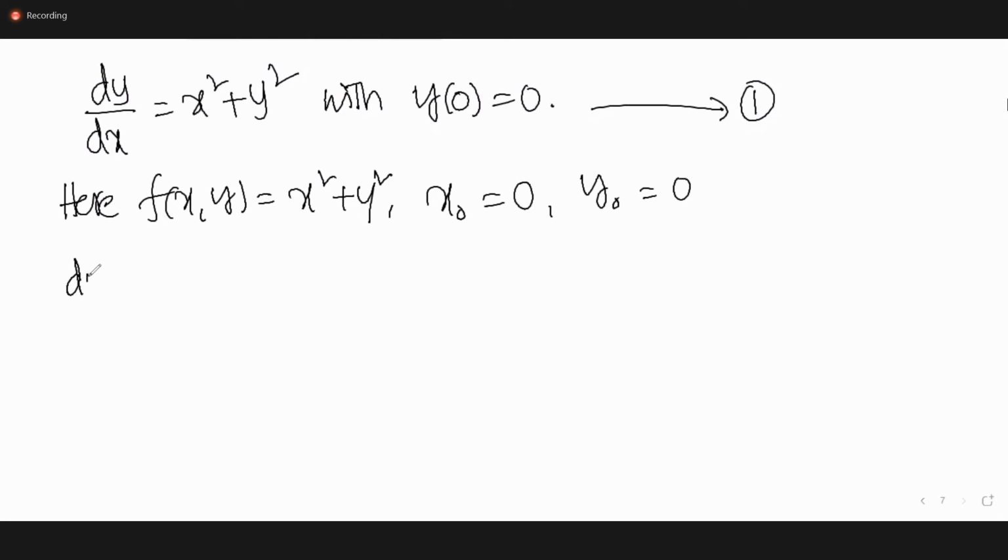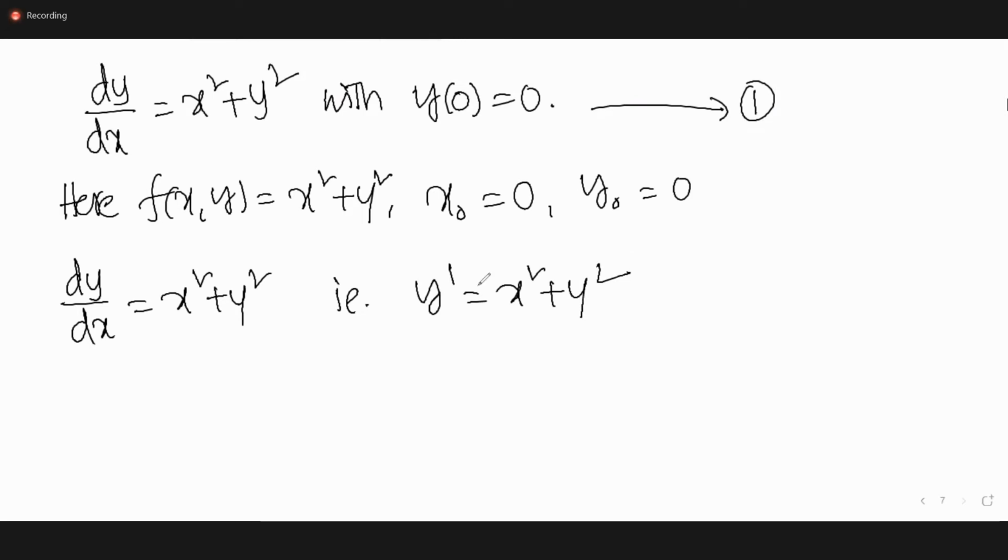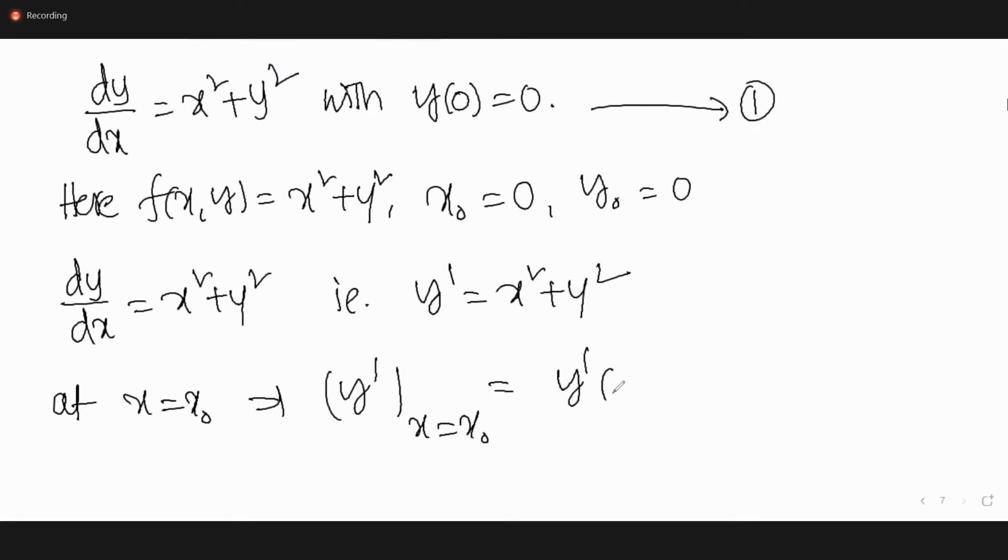So dy by dx is equal to x square plus y square. That is y dash. Y dash is nothing but x square plus y square at x is equal to x naught. So y dash of x naught becomes x naught square plus y naught square.